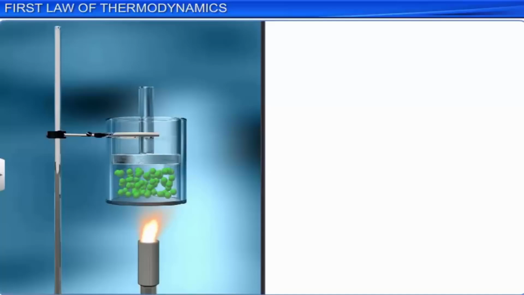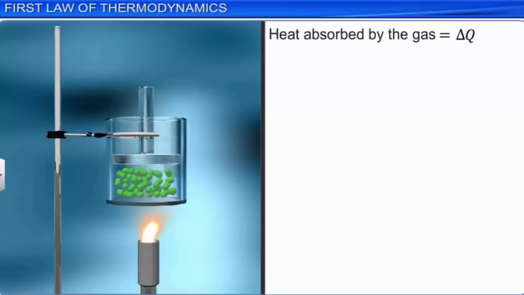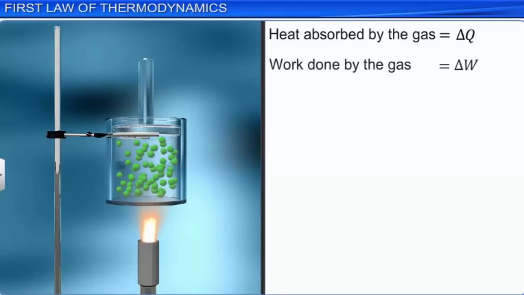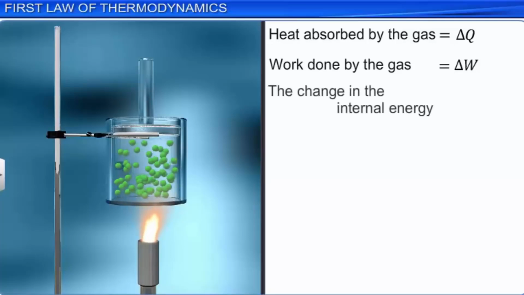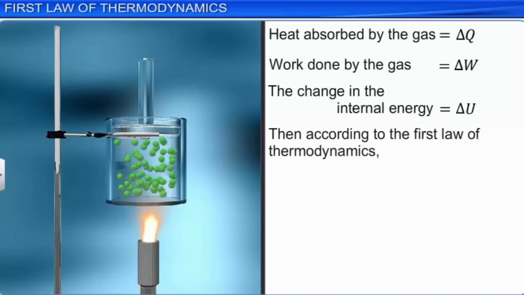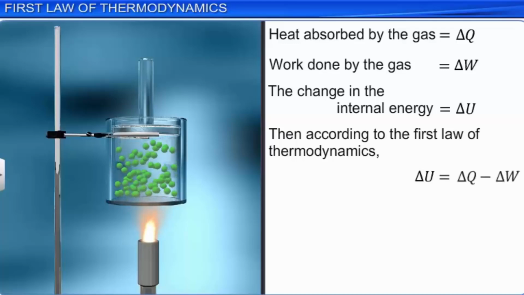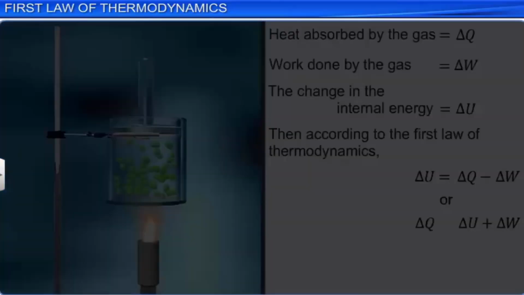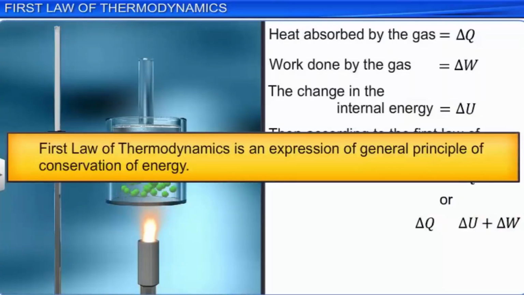When the gas is heated, let the heat energy absorbed by the gas be delta Q, and the work done by the gas while expanding be delta W. During this entire process, if the change in the internal energy of the gas is delta U, then, according to the first law of thermodynamics, delta U is equal to delta Q minus delta W, or delta Q is equal to delta U plus delta W. Note that the first law of thermodynamics is an expression of the general principle of conservation of energy.